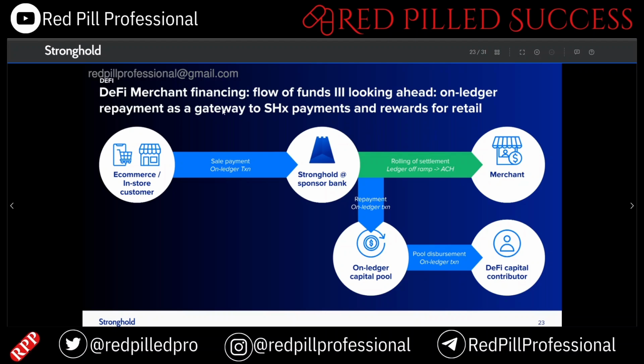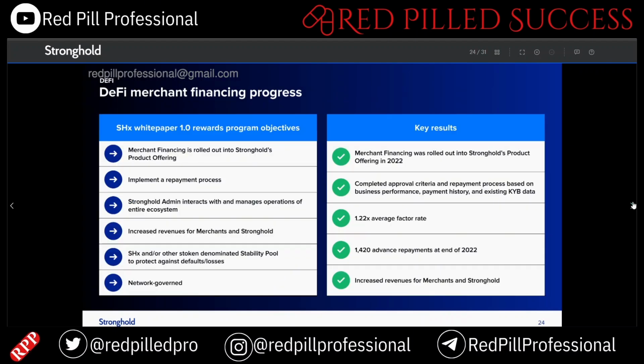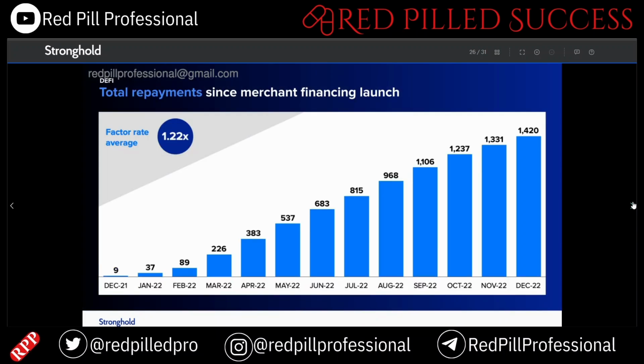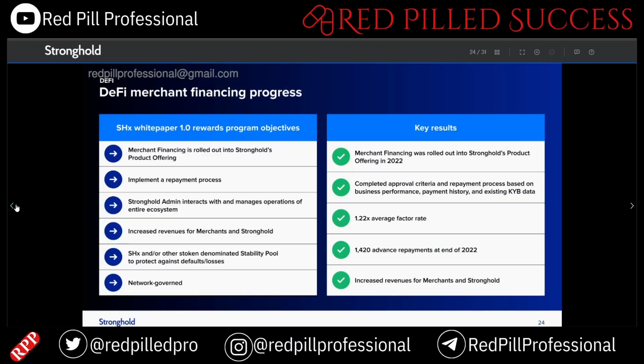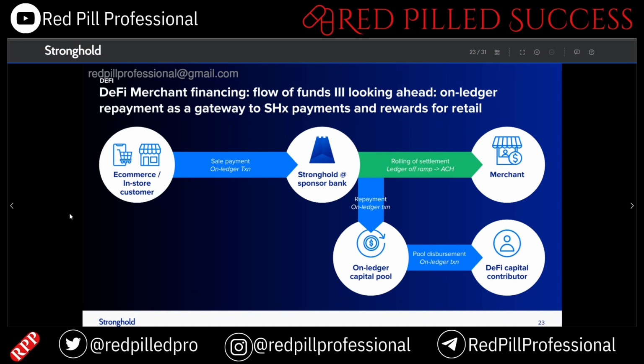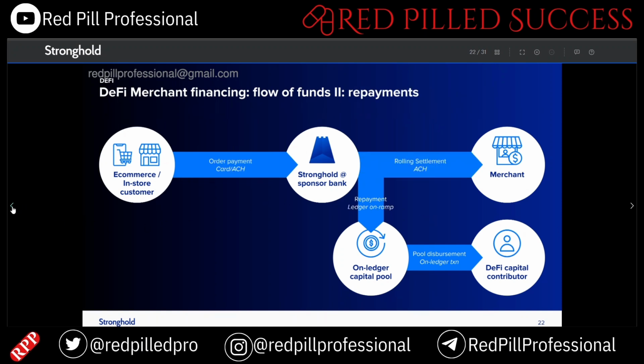This is something that they were working on. It's probably much farther along now, but that is what I was wanting to highlight, where it is heavily involved in the rewards, but it is obviously a payment token as well.